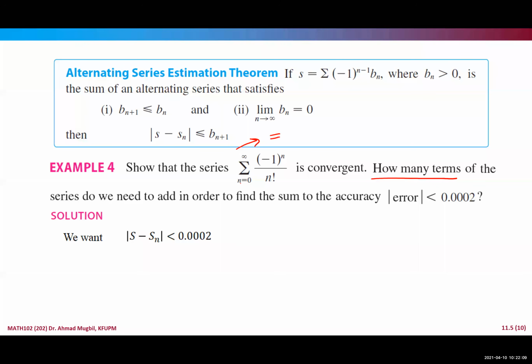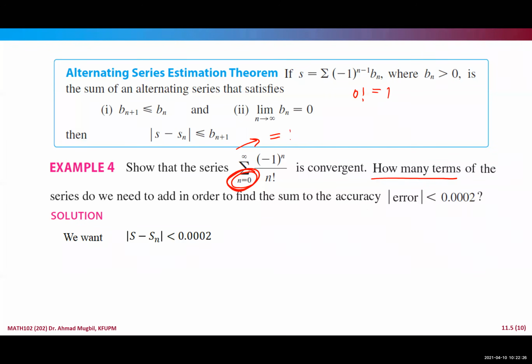So what is the first term when n equals 0? Be careful here, we're starting from 0. Here we will have negative 1 to the power 0 over 0 factorial. 0 factorial is 1, by the way, by definition. So here we have 1.